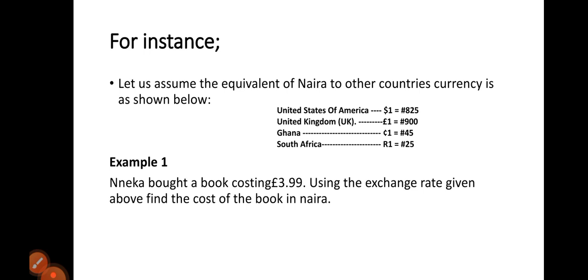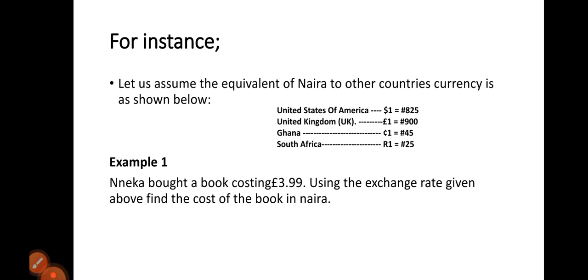The United Kingdom, £1 is equal to 900 naira. Let's say 1 Ghana cedi is equal to 45 naira, and 1 South African rand is equal to 25 naira.